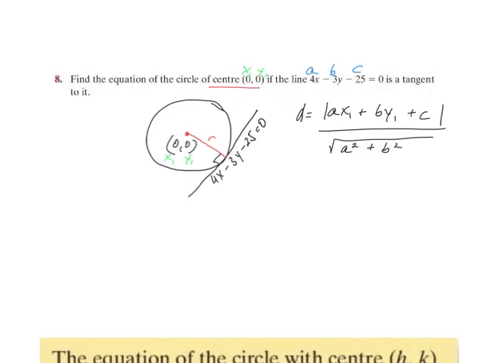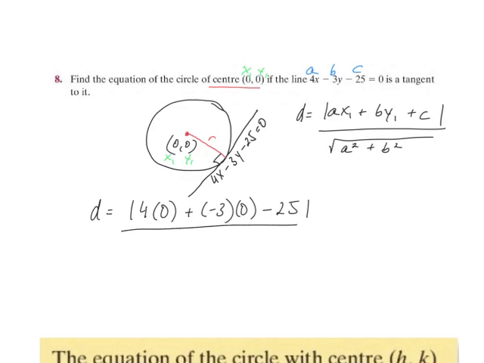So all we have to do now is put it in. D is the absolute value of 4 for A, times x1 which is 0, plus minus 3 for B times y1 which is 0, minus 25, or plus minus 25, for C, over the root of a squared, which is 4 squared, plus b squared, which is minus 3 squared.